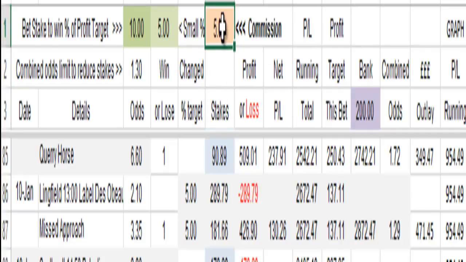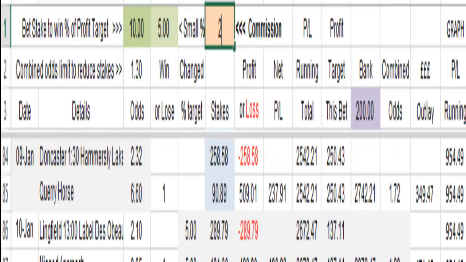So if I put 2 in there, for anything below 1.3, now watch the difference. Where's the big one? Let me go back to the big bet that lost. There it is, I think. Yeah, that's the big bet that lost.